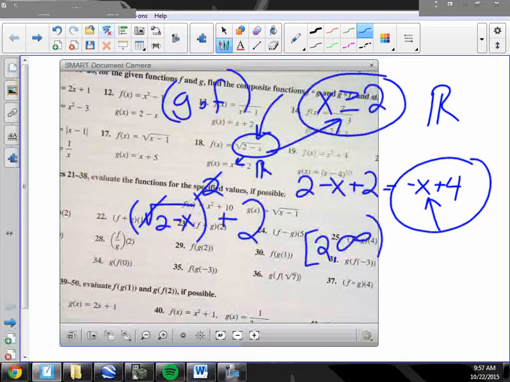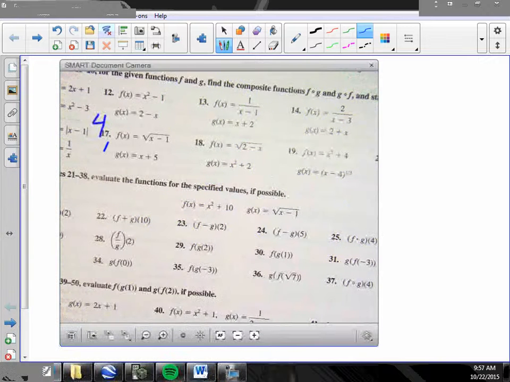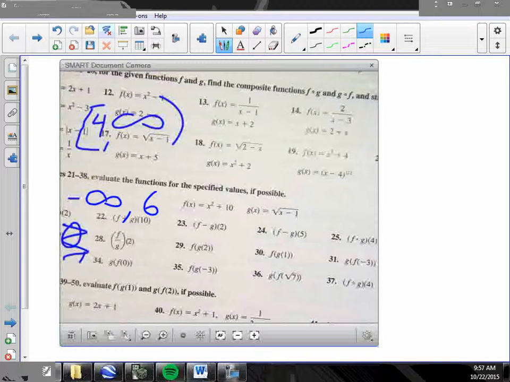So if I had a domain where the original domain was, say, 4 to infinity, and the end domain was, let's say, negative infinity to 6. So this is the original domain, and this is the ending domain.